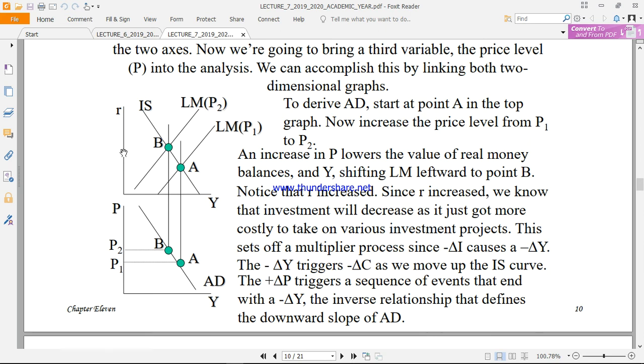Now that there's an increase in the rate of interest, it's becoming more costly for you and I to venture into investment projects. Okay, and because of that negative change in investment arising from an increase in the rate of interest, we expect output to reduce, because investment is a component of output, GDP. And because of that negative change in output, output is equal to income anyway.